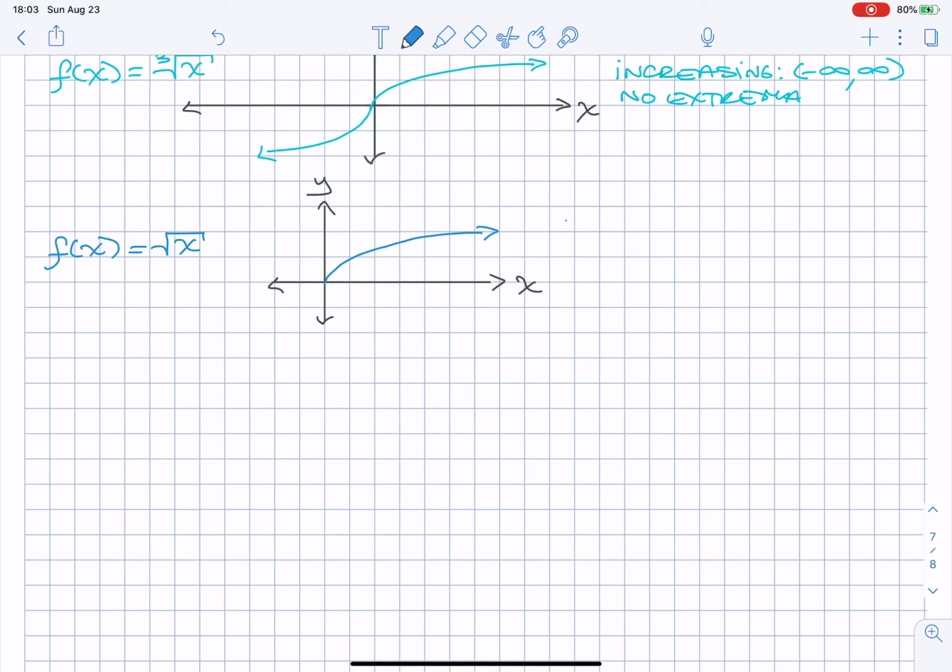This is actually increasing on its entire domain. It's increasing, but its domain only includes those things to the right. And it looks like there's a minimum value. The minimum value will be at 0, 0, because all other values will be larger. So that's interesting.